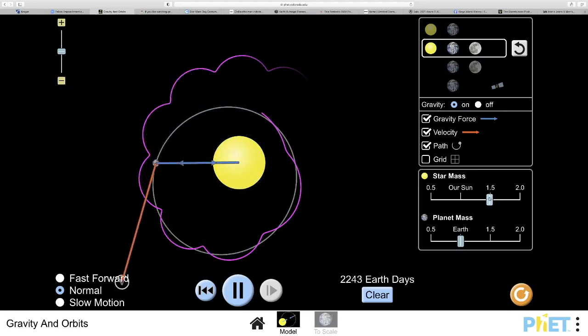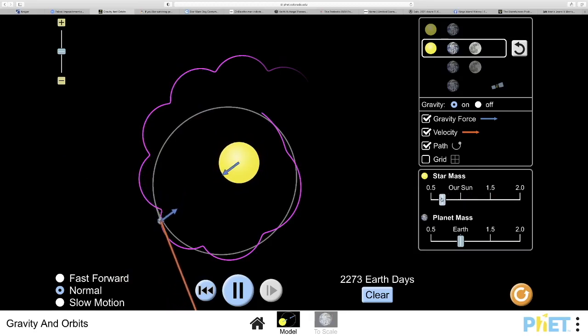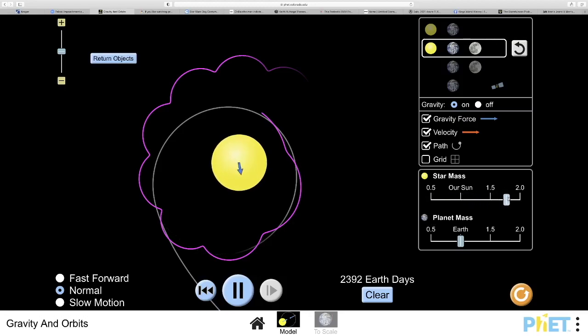Now watch what happens if all of a sudden we make our Sun with half as much mass as normal. Look what happens to Earth. It just flies off. There's nothing to keep it there. So we're going to increase the mass of our Sun to double.